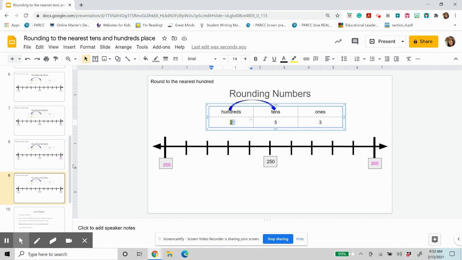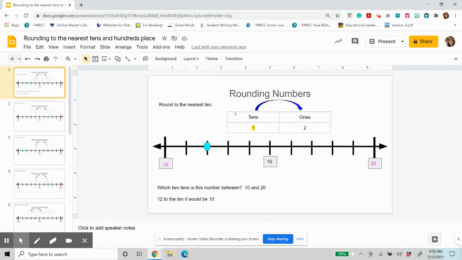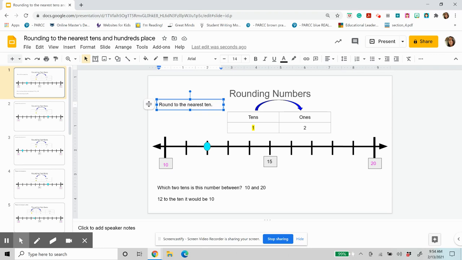Okay, so we'll take a quick look at that again. Here, we're rounding to the nearest 10, right? We highlighted that. We decided what numbers were going on the number line, the 10, the 20. So we looked at our deciding number. It was a 2. It was less than 5. So when we rounded 12 to the nearest 10, it was 10.